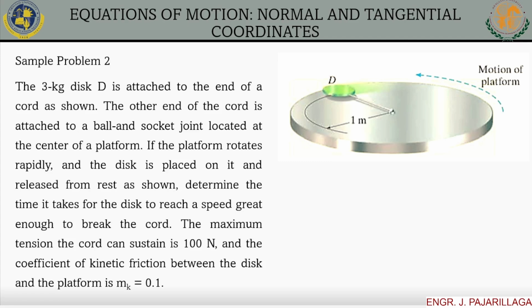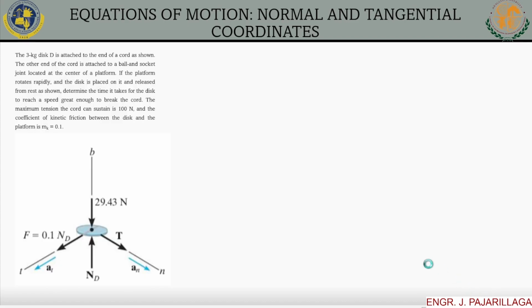The maximum tension the cord can sustain is 100 Newton, and the coefficient of kinetic friction between the disc and the platform is mu sub k, or the kinetic friction is equivalent to 0.1.